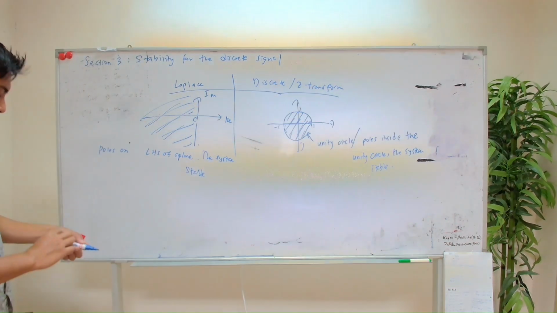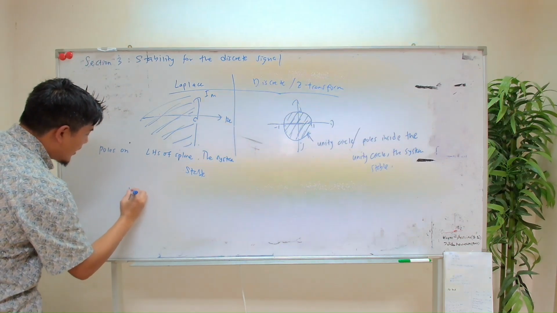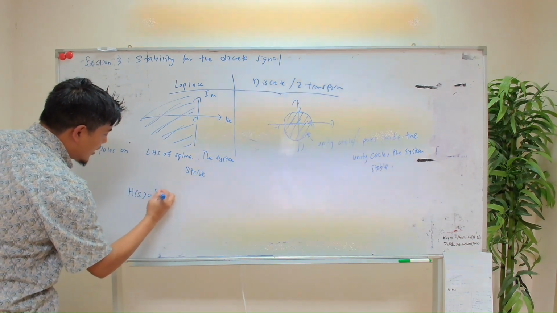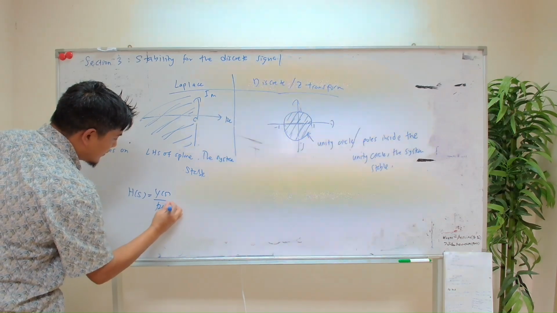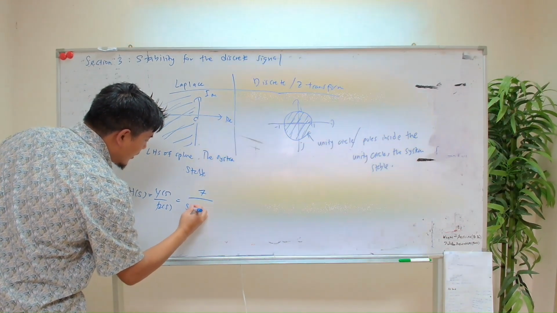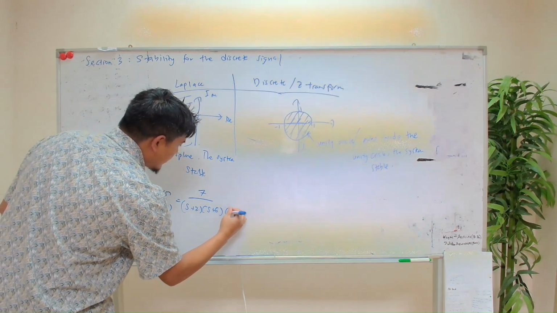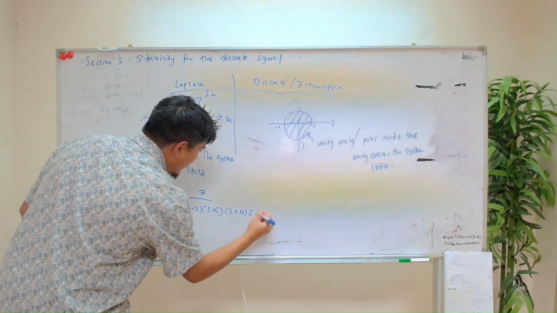And then after that, let's say the transfer function for the second example is H(s) equal to Y(s) over R(s) equal to 7 divided by (s plus 2)(s plus 6)(s plus 10)(s minus 1).